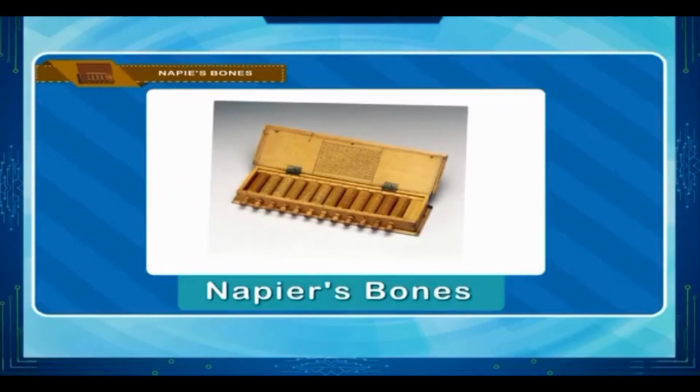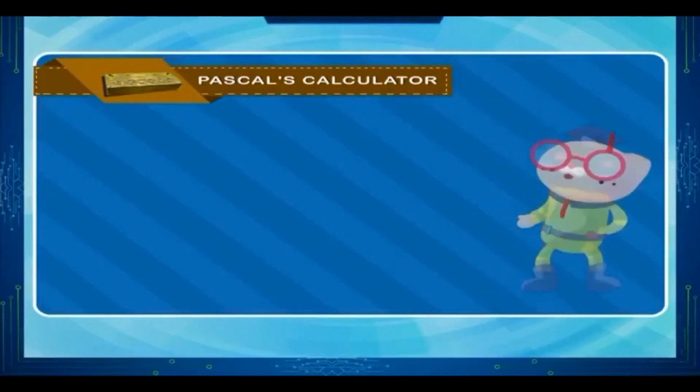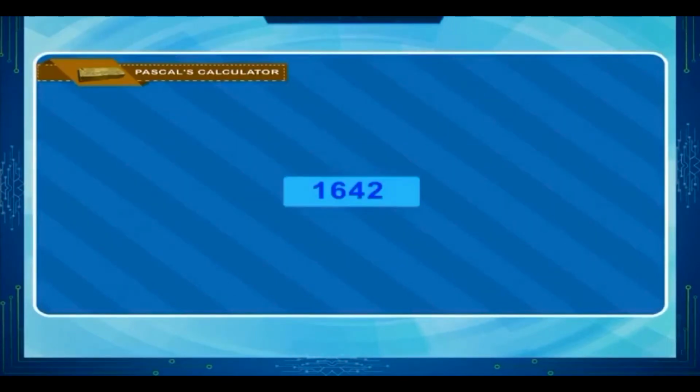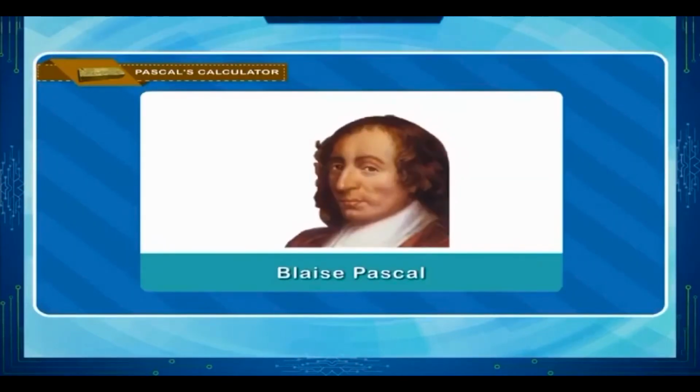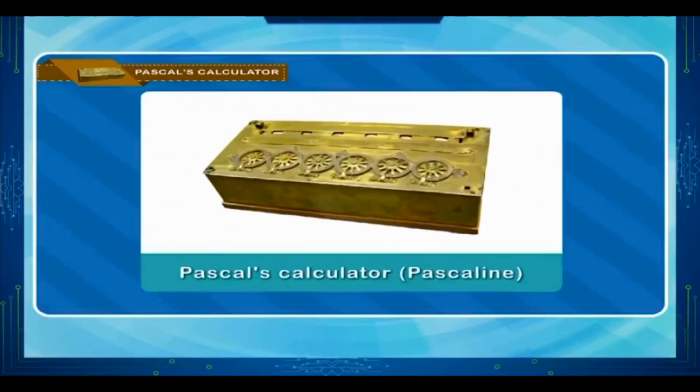Using these rods, one can do addition, subtraction, multiplication and division easily. Pascal's calculator. In the year 1642, Blaise Pascal, a French scientist, invented an adding machine called Pascal's calculator, which represents the position of digits with the help of gears in it.